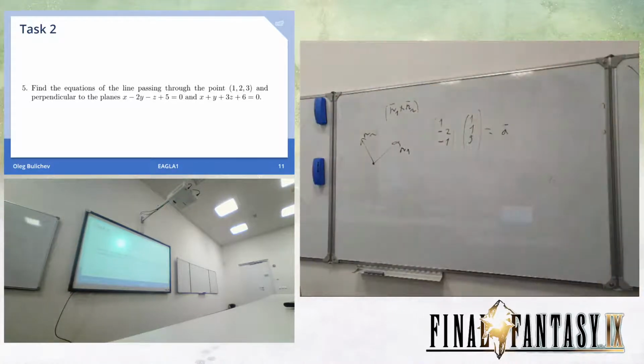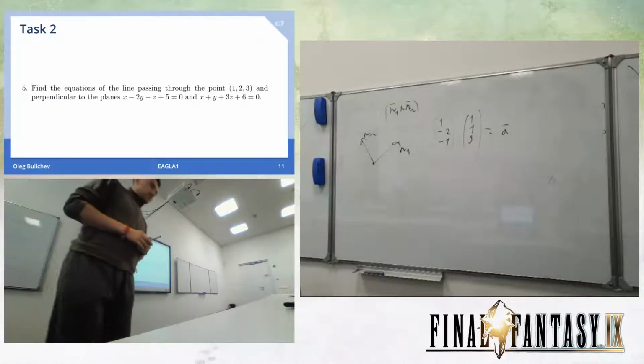How is the program phase? Did you solve the task? I guess yes, but I'm not sure. I have the answer.